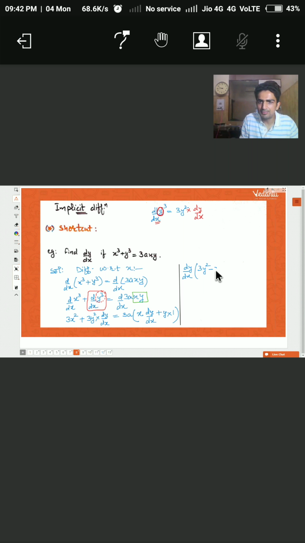So let me just take it on the left hand side and keep everything else on the right hand side: 3ay minus 3x square. So you get your dy by dx as 3ay minus 3x square upon 3y square minus 3ax. That is your answer.